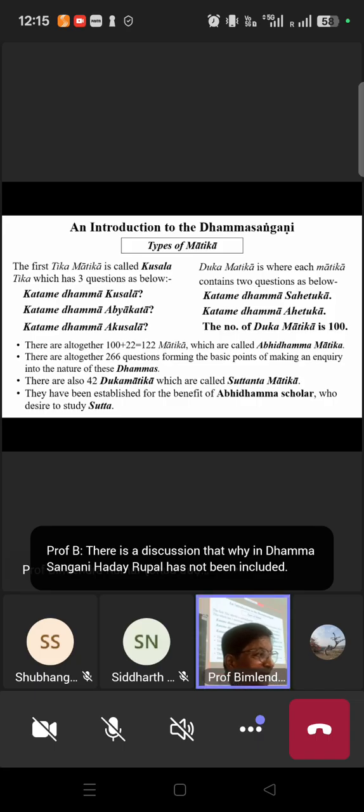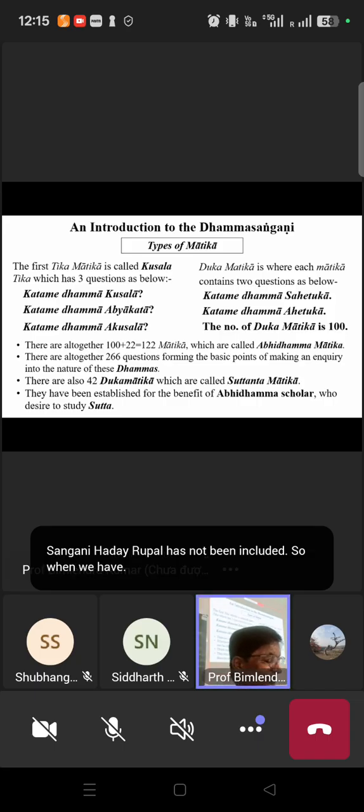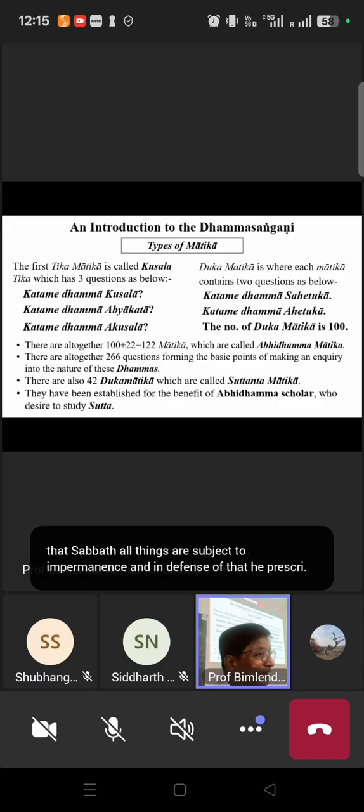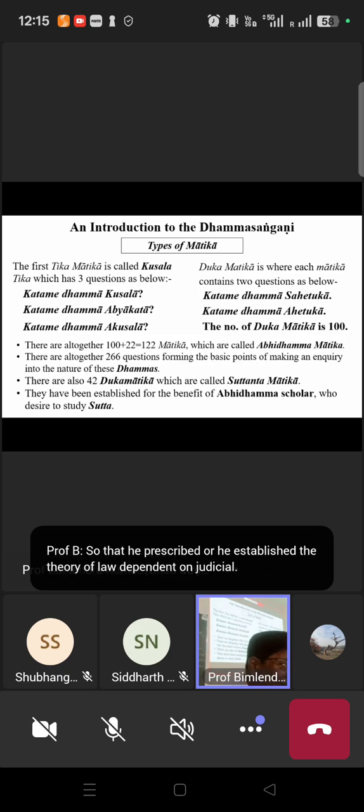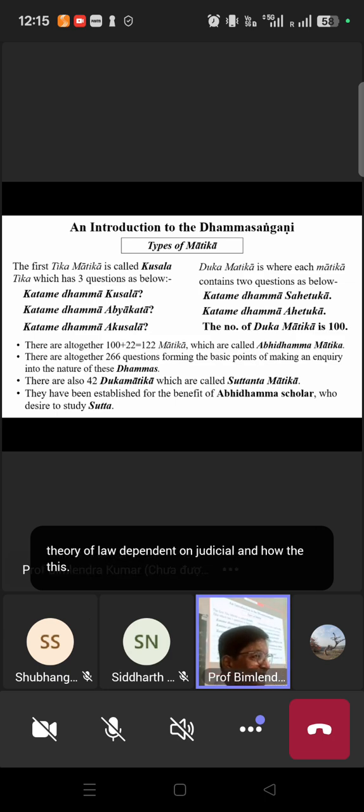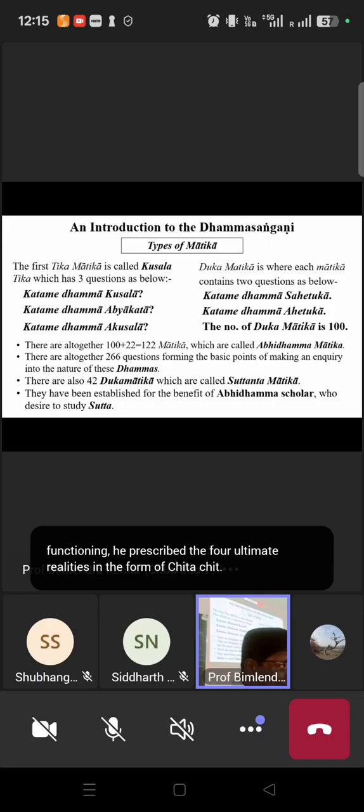As we have discussed in the introduction just now, when the Buddha was saying that sabbe sankhara anicca, all things are subject to impermanence, in defense of that he established the theory of the law of dependent origination, and how this universe and a human personality function. He prescribed the 4 ultimate realities in the form of Citta, Cetasika, Rupa and Nibbana.